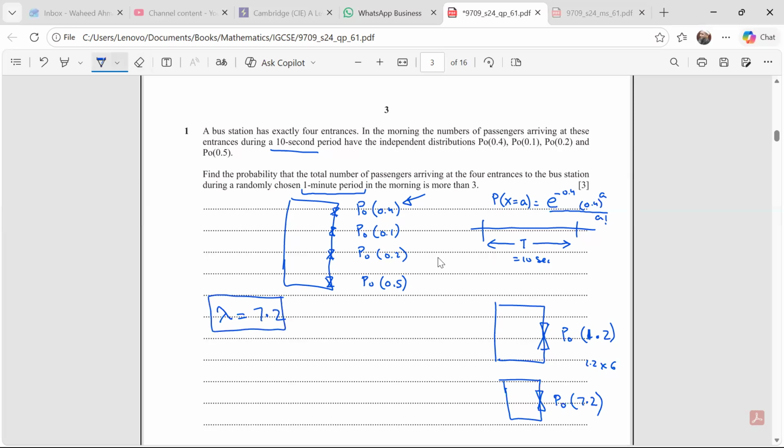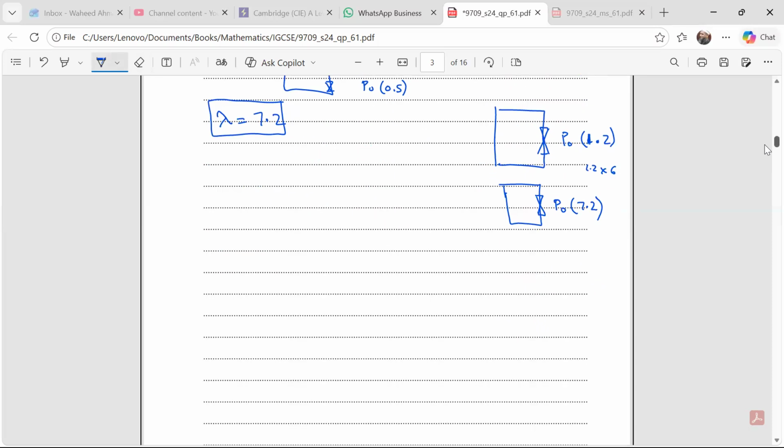Now we have to calculate the probability that in a 1 minute period more than three passengers will arrive. How will I calculate this?